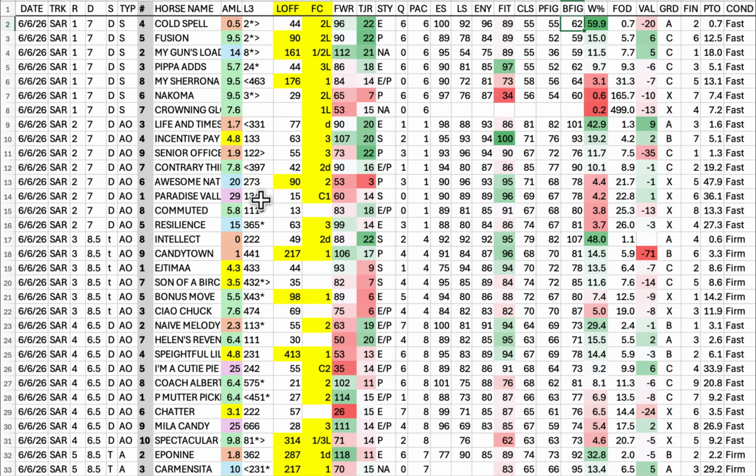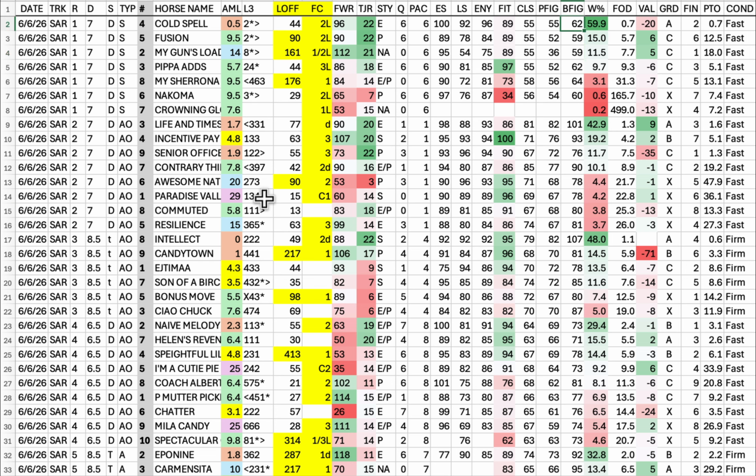PFDS odds. Then you got BFIG, best fig. That was what I called best odds. So it does not factor into the win percentage right now. But what it does is if there's a horse that performs really well in this BFIG, and BFIG is basically looking at a best case scenario for the horse, looking at kind of back performances, maybe more applicable to today's race, or looking at back performances because the horse is coming off a layoff or second or third off the layoff or changing to a different trainer or whatever.